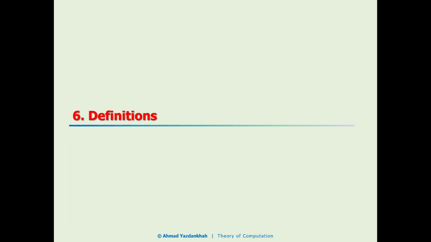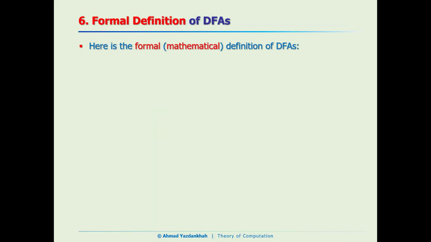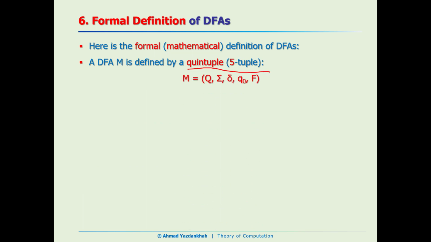Okay, formal definitions. How can we mathematically define DFAs? A DFA can be defined with a quintuple or 5-tuple. And here is how this 5-tuple looks like. We have Q, we have the sigma or alphabet, we have the delta function, Q0 and F. Let's see what they are one by one.